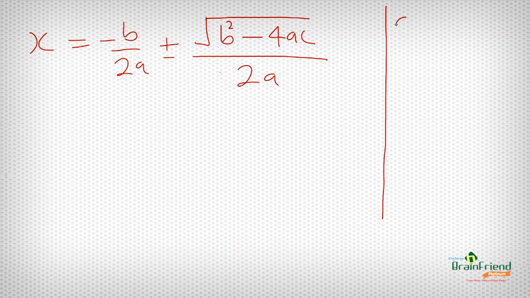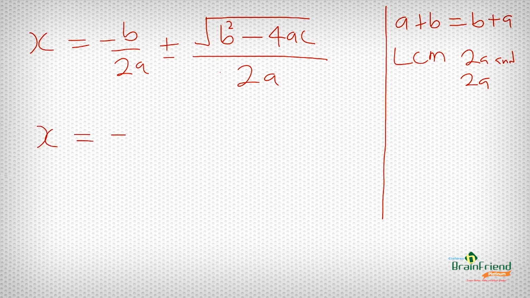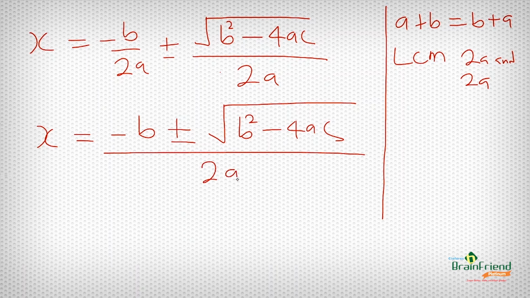So simply note that a plus b is equal to b plus a from your law of commutation. Now for what we have, LCM of 2a and 2a will still be 2a, right? So what we now have is x is equal to minus b plus or minus square root of b squared minus 4ac divided by 2a. Let's call this equation 6.